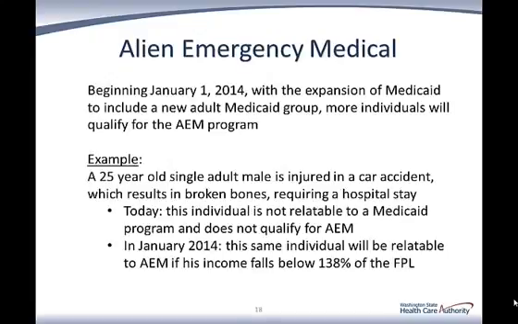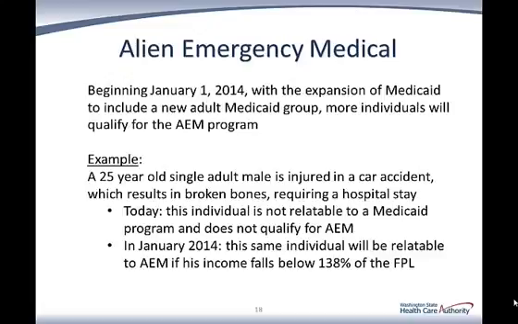Beginning January 1st, 2014, with the expansion of Medicaid to include a new adult medical group, more individuals will qualify for the AEM program. For example, a 25-year-old single adult male is injured in a car accident, which results in broken bones, requiring a hospital stay.